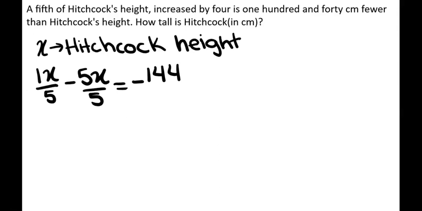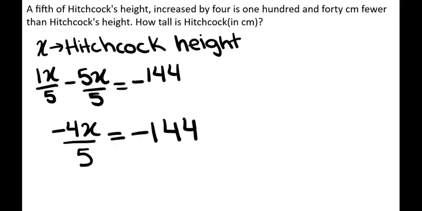Now we have to subtract the numerators. 1 minus 5 is equal to negative 4. And we'll keep the x over here. So 1x minus 5x is equal to negative 4x over 5, is equal to negative 144.